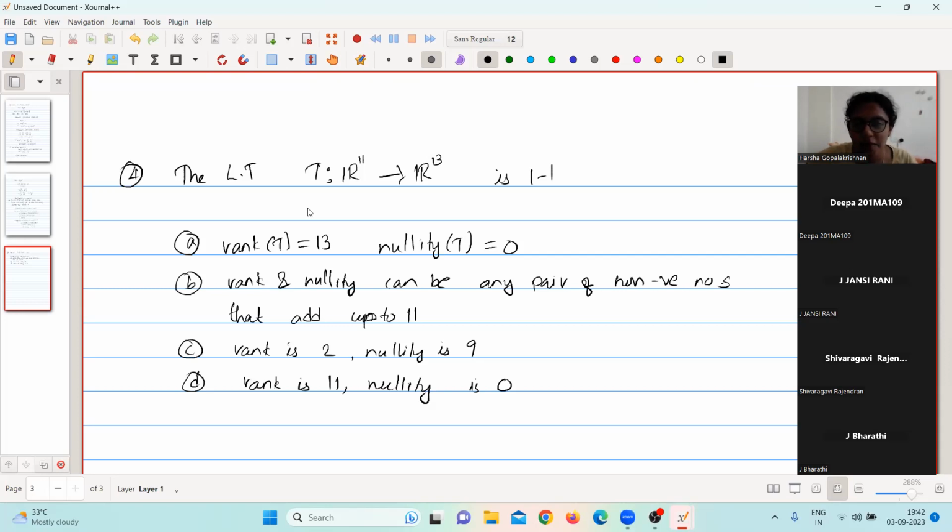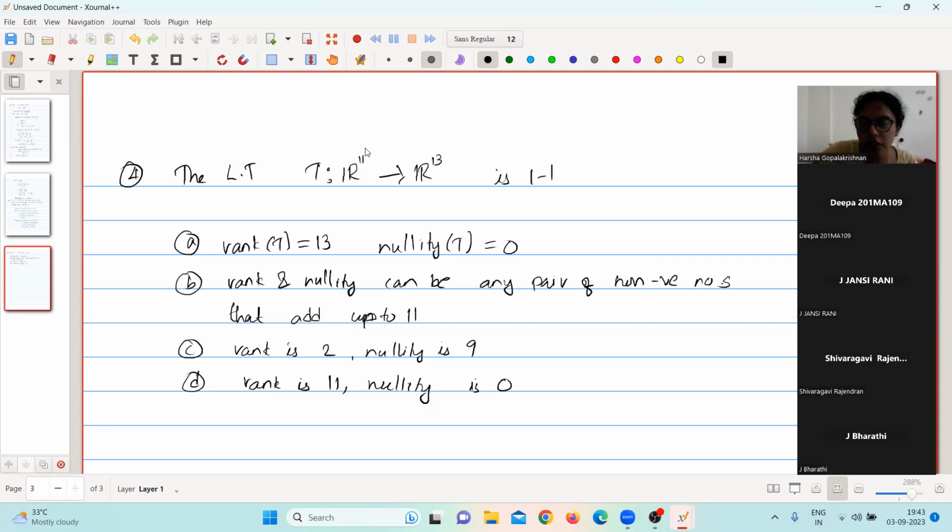Okay. There is a mistake. What does the rank nullity theorem say? Rank of T plus nullity of T should be the dimension of the domain space. Everything else is correct. First of all, T is 1, 1 means nullity should be equal to 0. But rank of T plus nullity of T is the dimension.